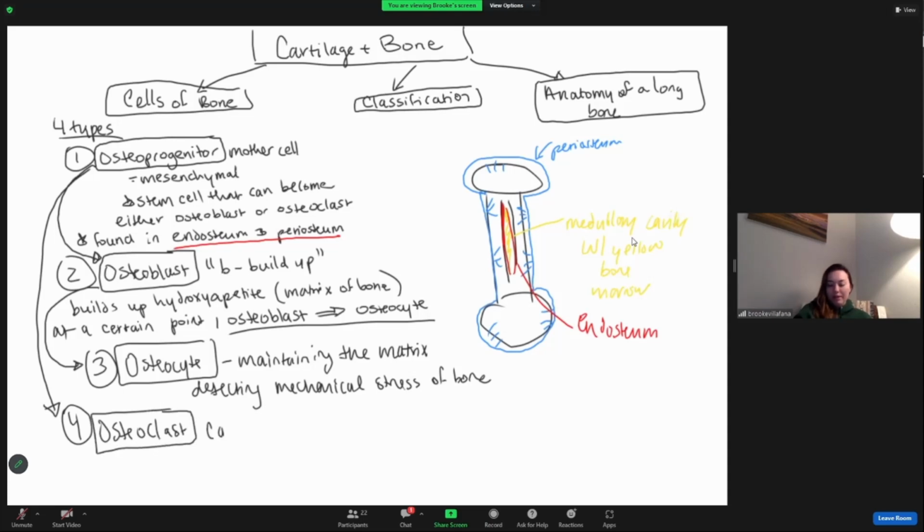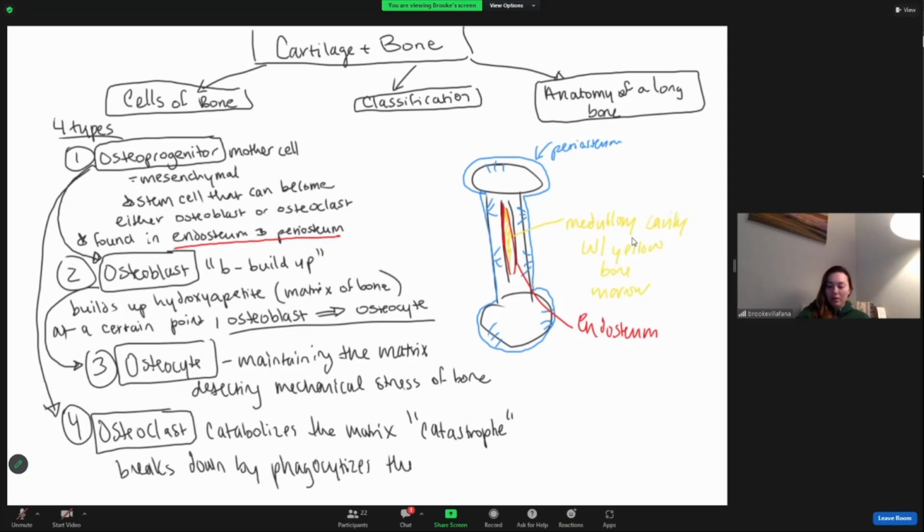And this one catabolizes the matrix. C for catabolizes the matrix. The word catabolize, you can think of it like catastrophe. It breaks down the matrix, and it does this using phagocytosis.